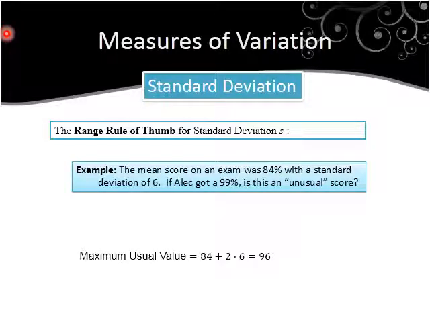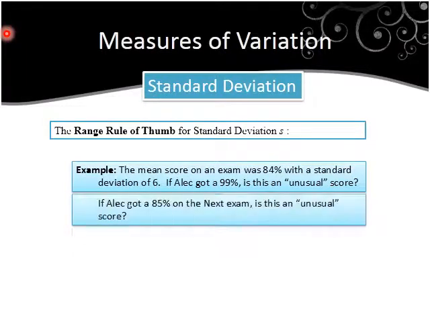So the maximum usual value would be 84 plus 2 times 6. That is adding 2 standard deviations to the mean, which gives us 96%. So since Alec got a 99%, this is an unusual score.